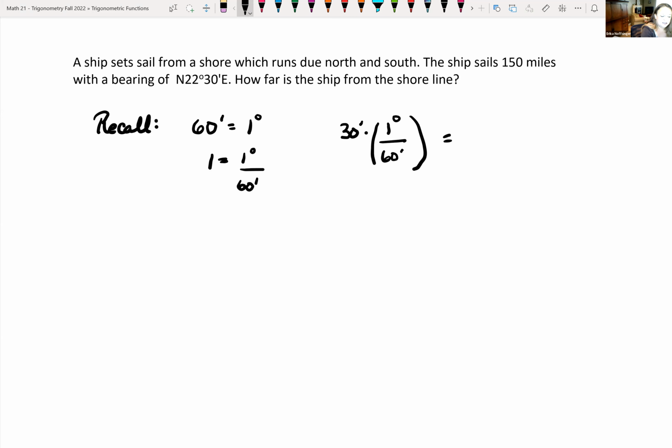So I notice that reduces: 30 minutes goes into 60 minutes 2 times. So we have 1 over 2 degrees, which is 0.5 degrees. So they're heading at north 22.5 degrees east. So starting point on the north line going east, 22.5 degrees.